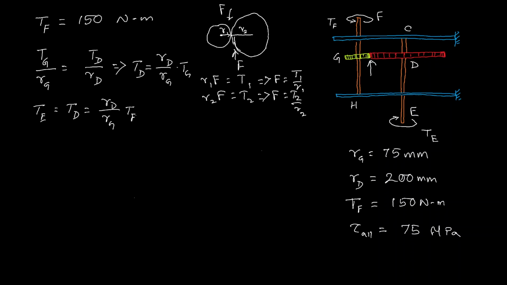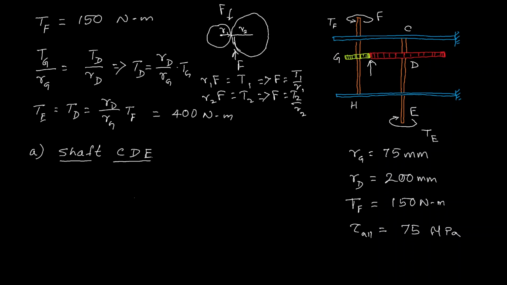RD is 200 and RG is 75, so the torque at E will become 400 Newton meter. Now let me write for the shaft CDE.